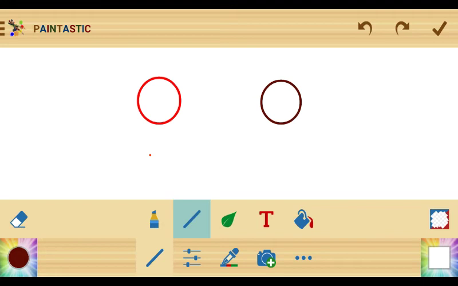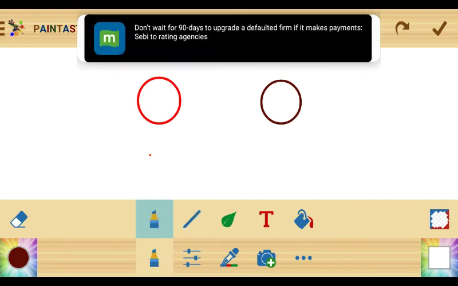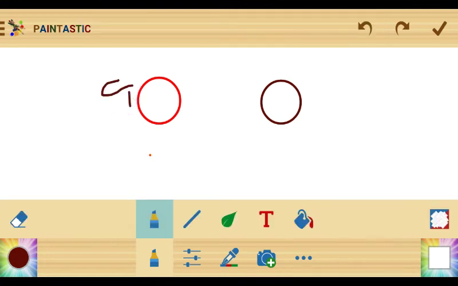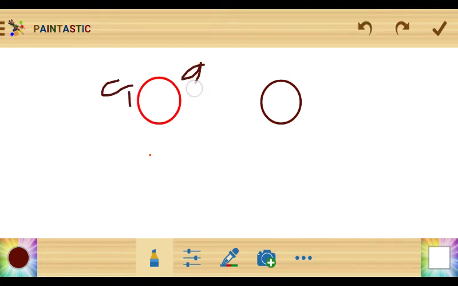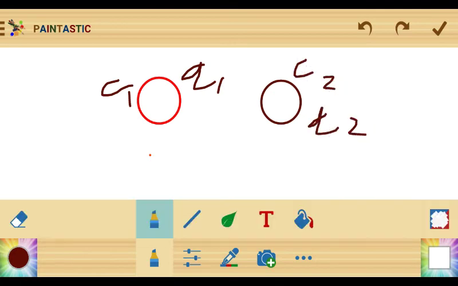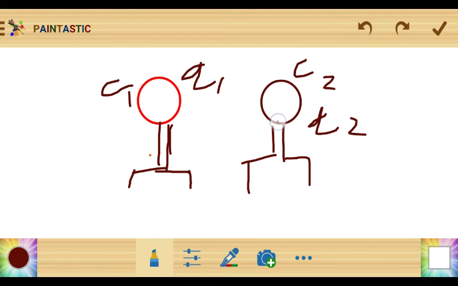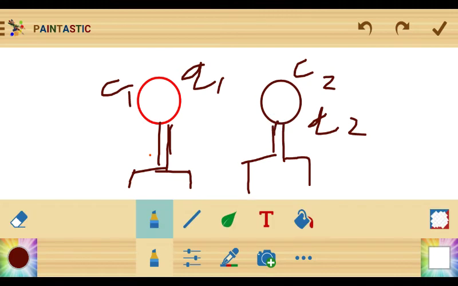In the beginning they have capacitance, a capacitor you can say C1, and charges are Q1, and this one having C2 and Q2, when they are separate apart from each other. In your textbook you will find these conductors are on insulating stands.